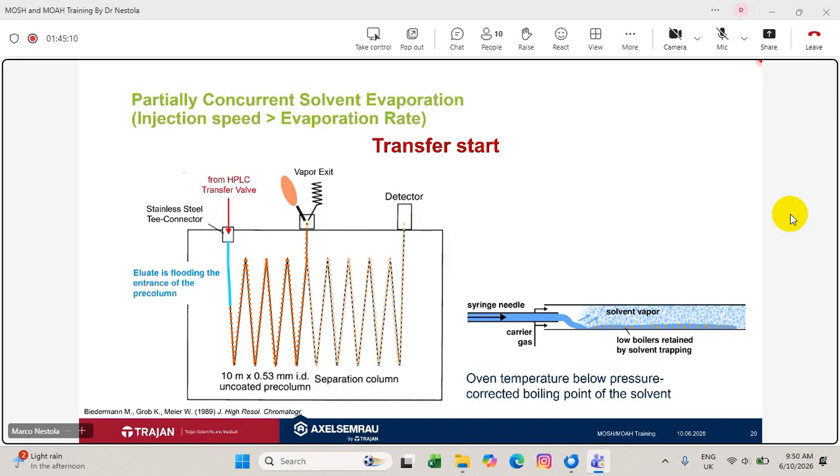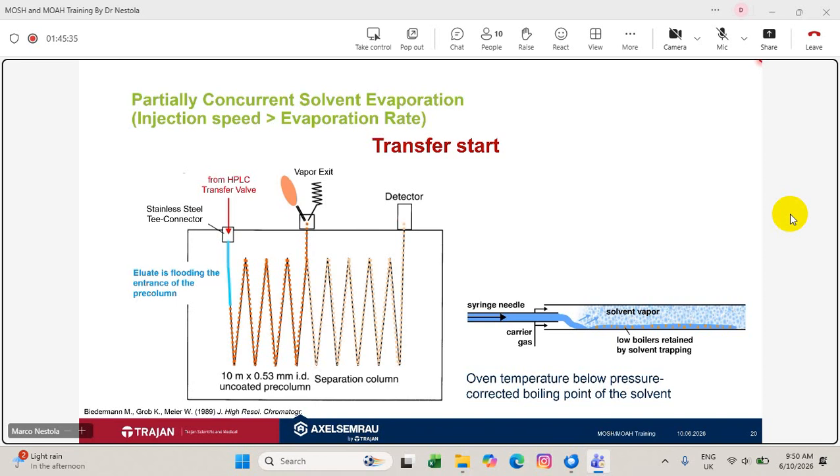Therefore, if we just left the instrument transferring all the time, this flooded zone becomes longer and longer, and then someday it will be exiting completely liquid out of the SVE. Okay? Does it make sense to this point?